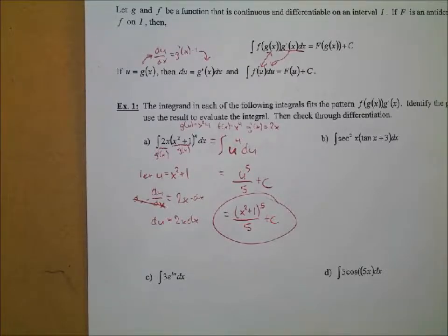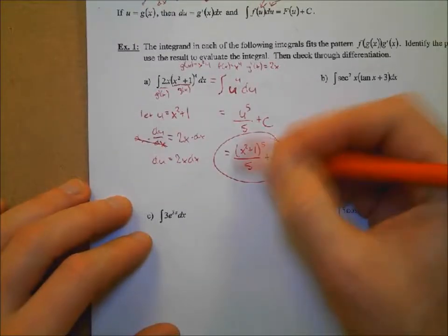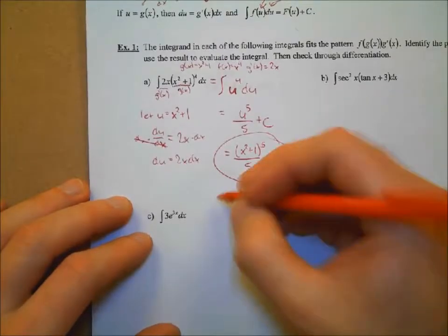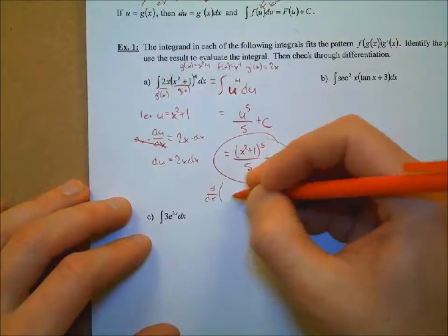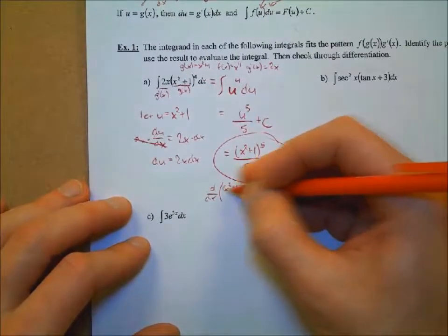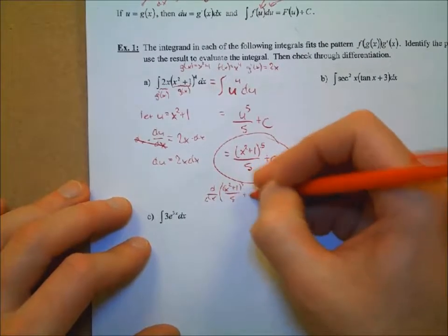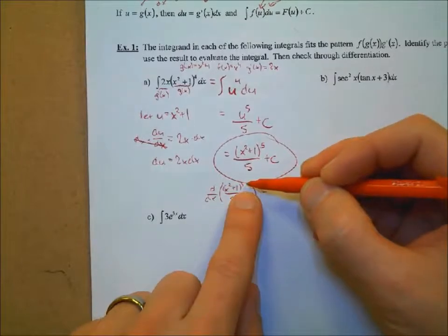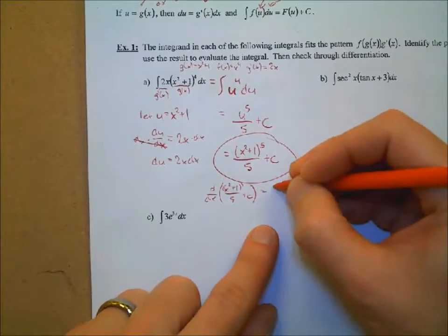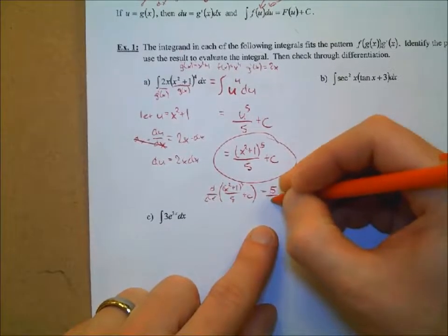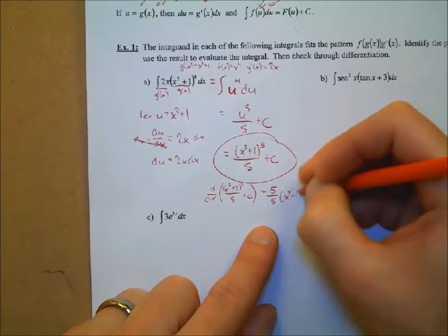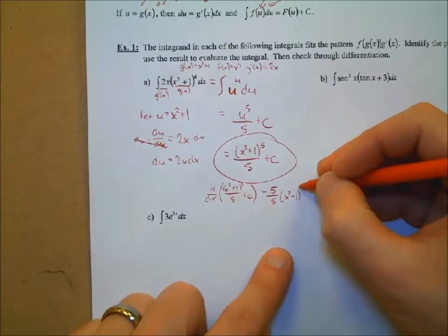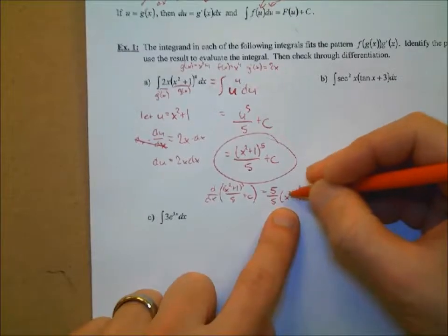And of course, we can take the derivative here to show that this is true. So I'll say the derivative with respect to x of x squared plus 1 to the 5th over 5 plus c. The derivative of something to the 5th power, we can bring that 5 out front. So it becomes 5 over 5 times x squared plus 1 to the, we lower our power by 1, so 4, times the derivative of what's inside by the chain rule, 2x.